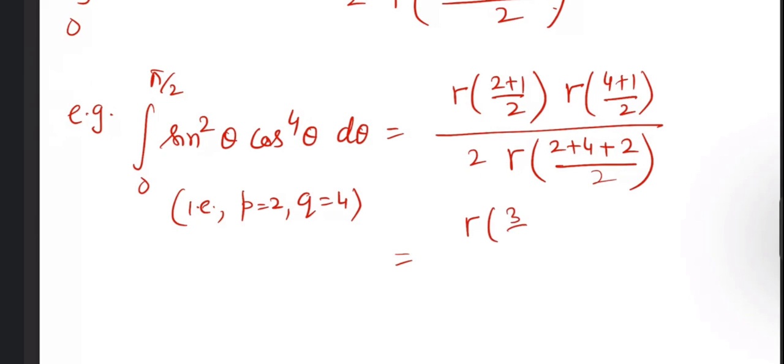We have already evaluated gamma of 3 by 2, and gamma of 5 by 2 is also evaluated, and divided by gamma of 4 plus 2, 6, 6 plus 2, 8 divided by 2, that is gamma of 4.